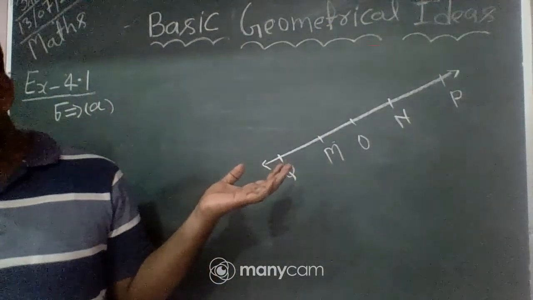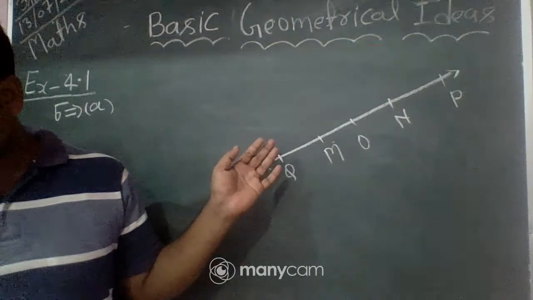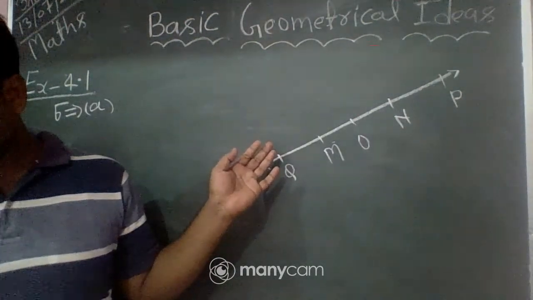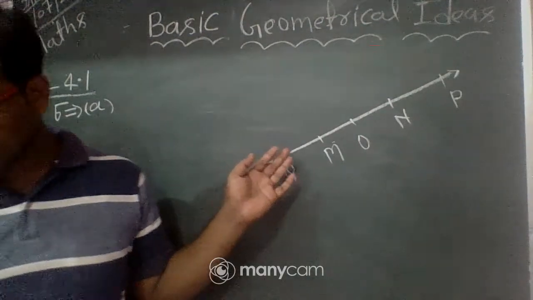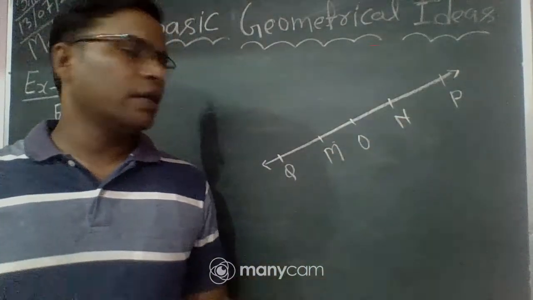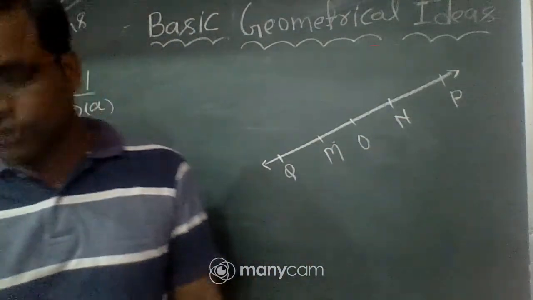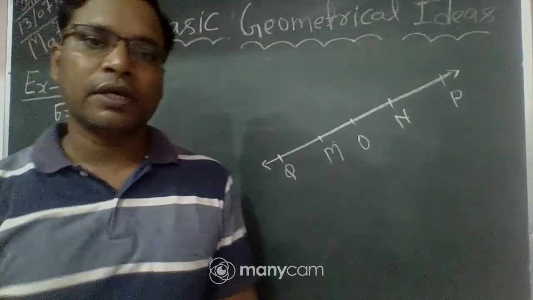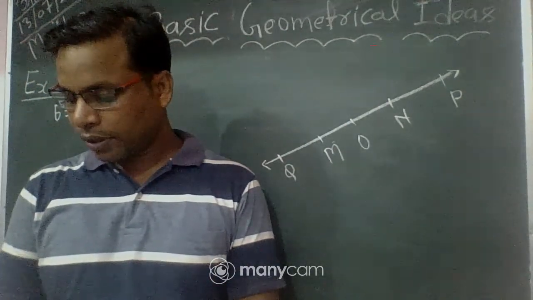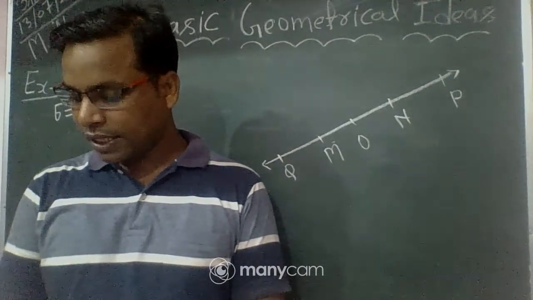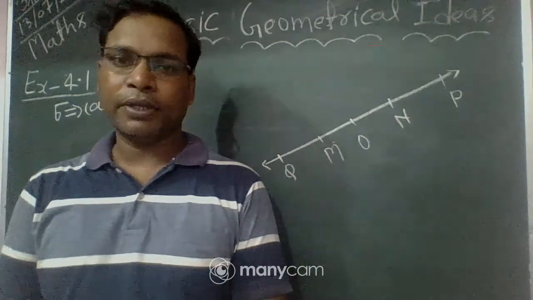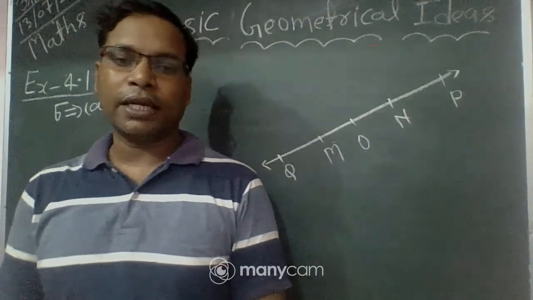Part A: Q, M, O, N, P are points on the line MN.